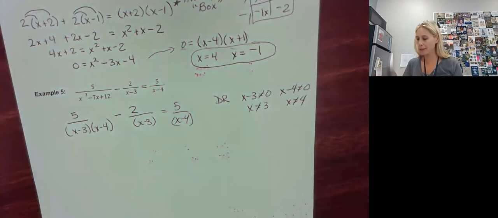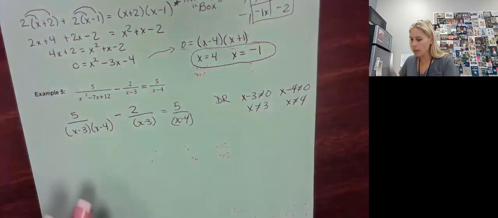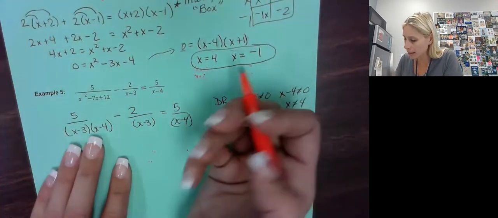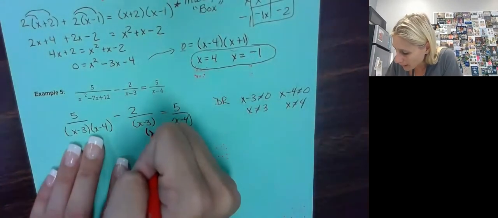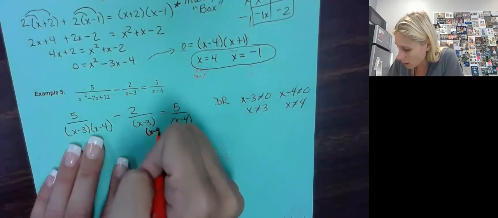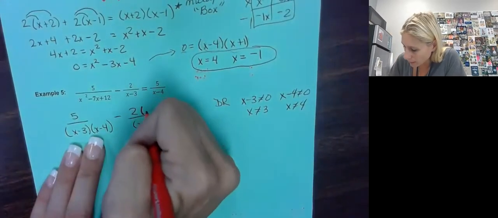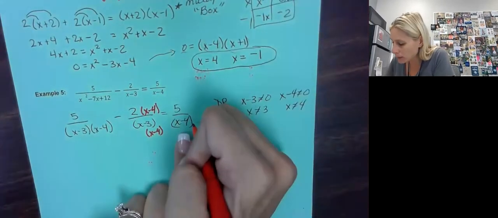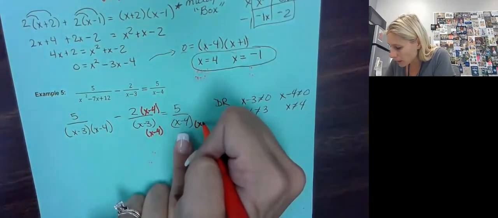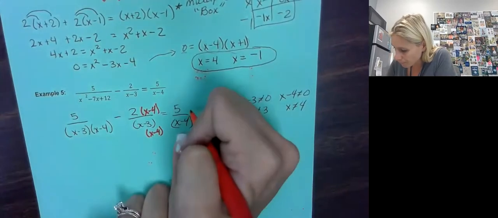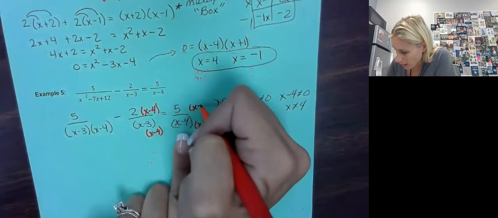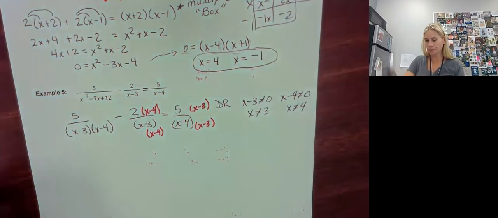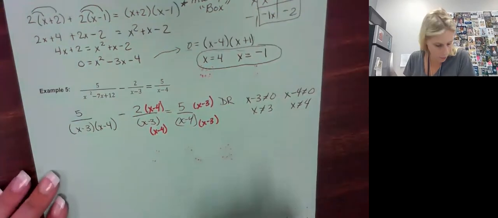Common denominator. Okay, what's missing? Well, it looks like that first one has both parts, and this one's missing an x minus 4. Right. Let's do that to the top. This one's missing an x minus 3. Do that to the top. Now, do we have a common denominator? Yay, we do.